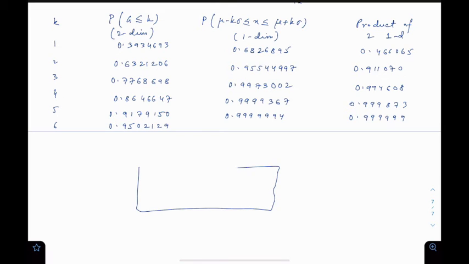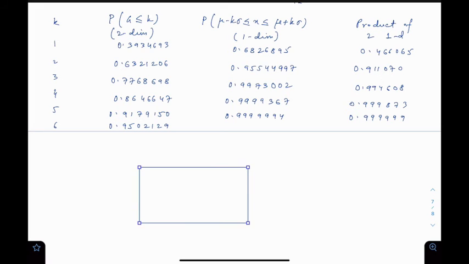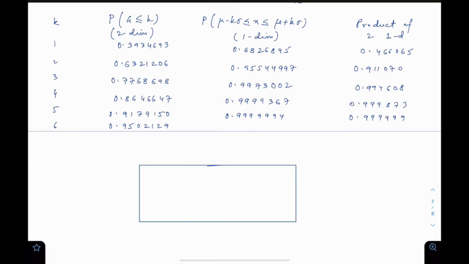Whereas for the 2D probability, what we have is basically an ellipse. Clearly, since the ellipse has a smaller area than the rectangle, the probability of being within the ellipse is less than the probability of being within the rectangle.